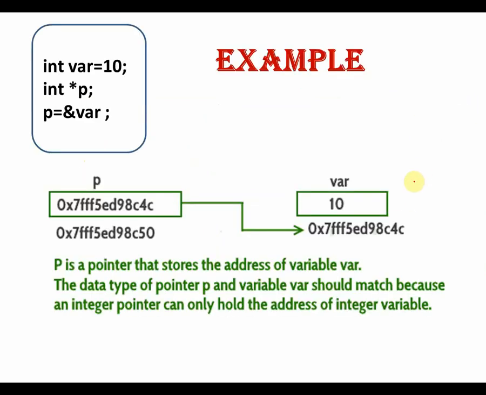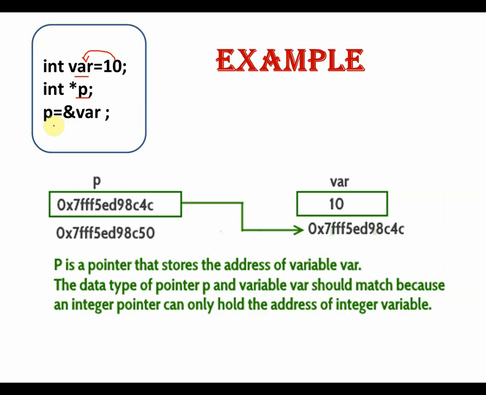Let us go to the next thing. Here is another example which will tell us more about pointers. Now here the variable var is initialized and assigned a value of 10. The next thing is I have declared a pointer variable p. Why is it a pointer variable? Because it has this asterisk sign.